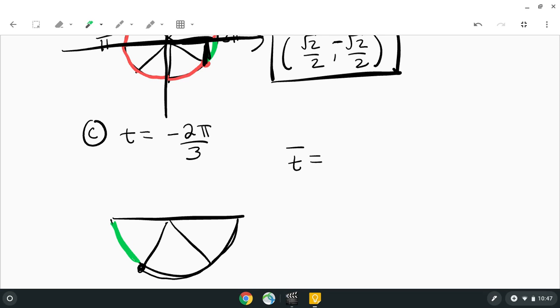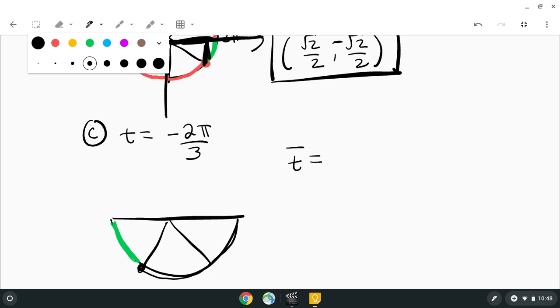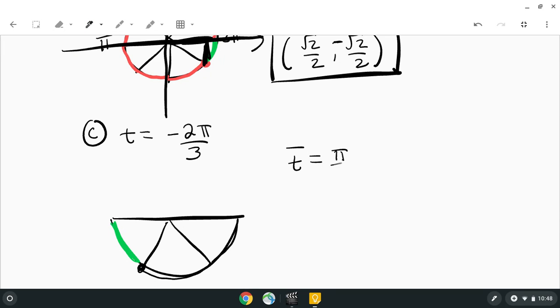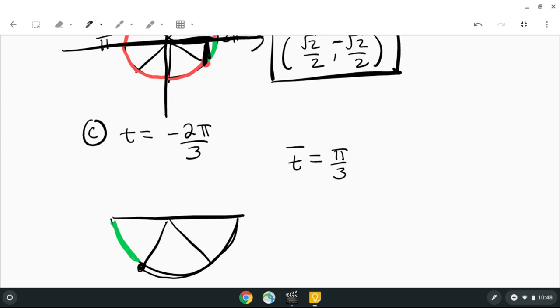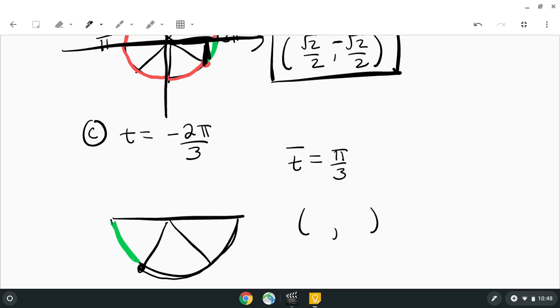And it's, again, one of the ones you have memorized. So it's 1/3 of pi, and hopefully you have it memorized. So it's 1/2, comma, square root 3 over 2.